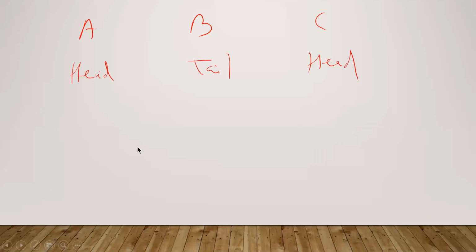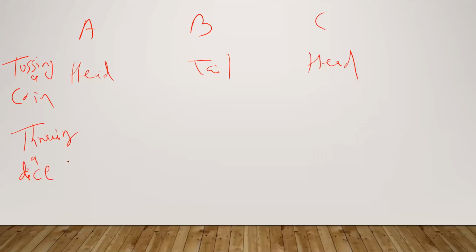Similarly, if you throw a dice, you know what is a dice. Each one of you might have played snake and ladder or ludo in your childhood or school days. Those type of games are played by throwing a dice.